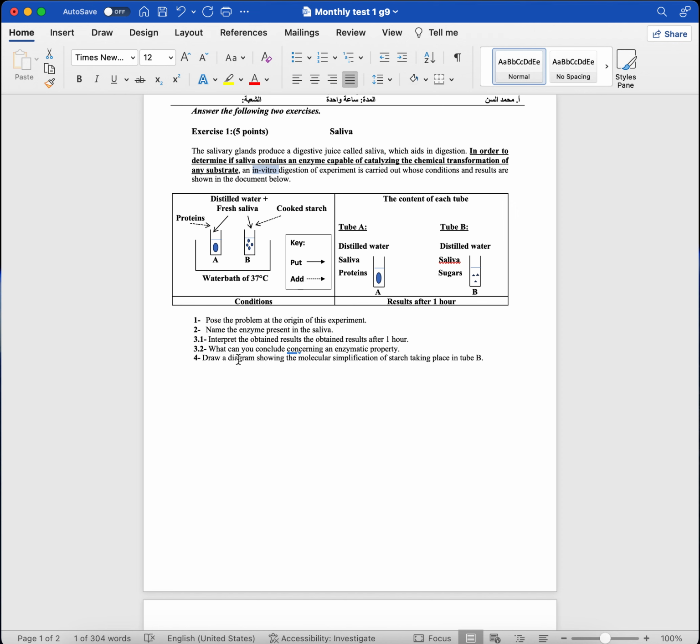Pose the problem at the origin of this experiment. We have to start by does... We cannot use what.